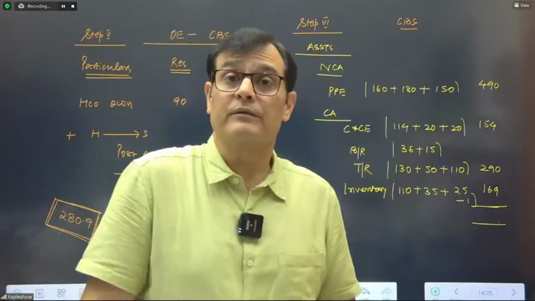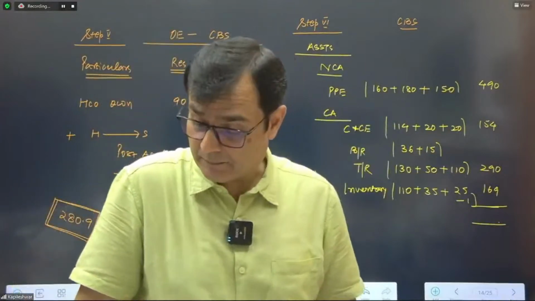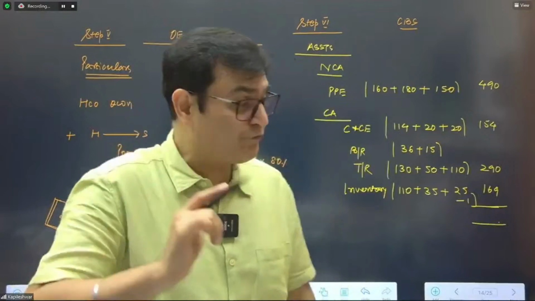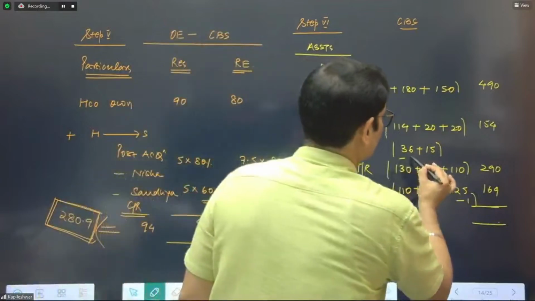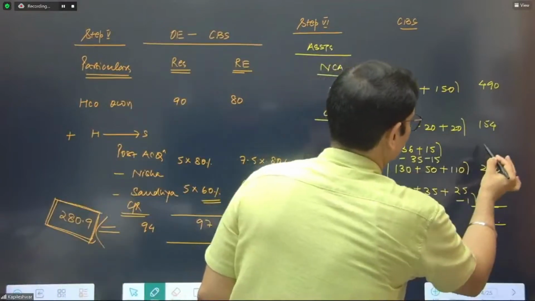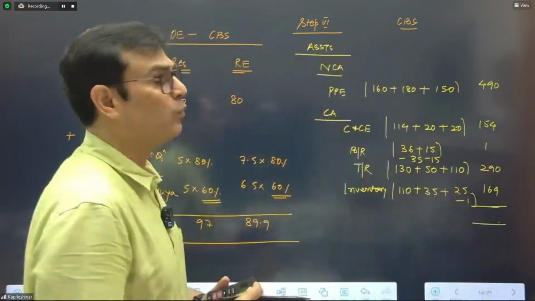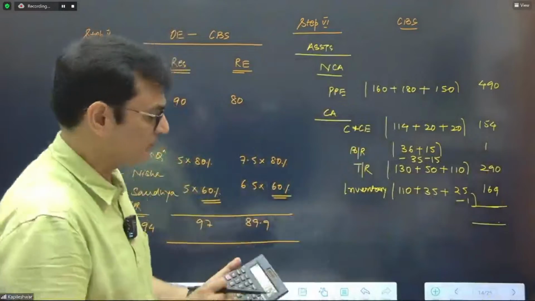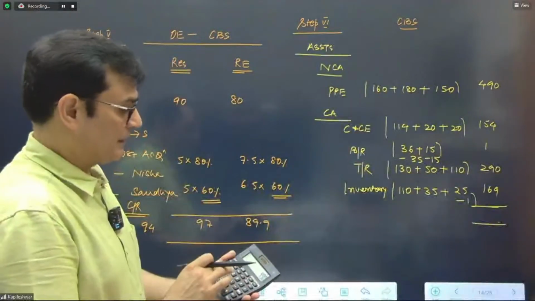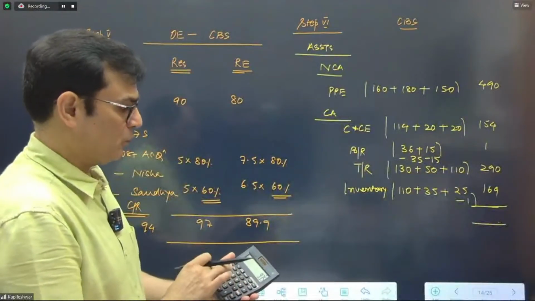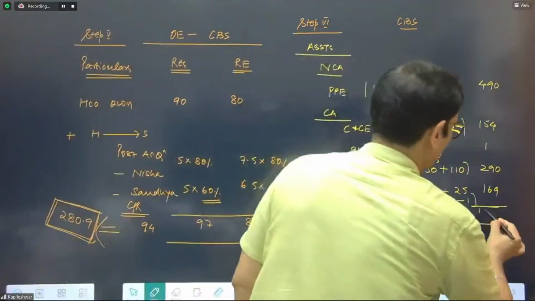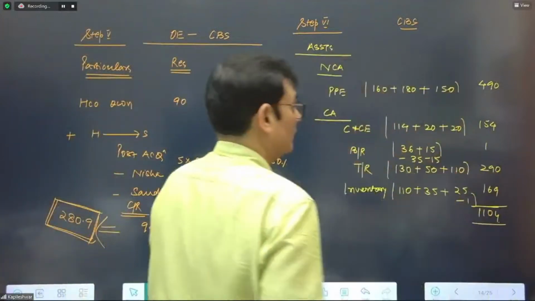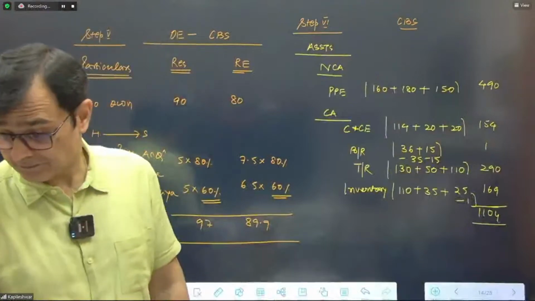The bills payable on the liability side from the intercompany owings is 35 and 15. So we need to eliminate that 35 and 15. We'll eliminate the common debtors, creditors, bill receivable, bills payable. So 490 plus 154, 291, 169, that's 1104. Okay, I think now it seems to be correct.